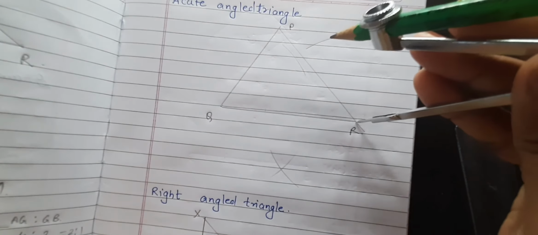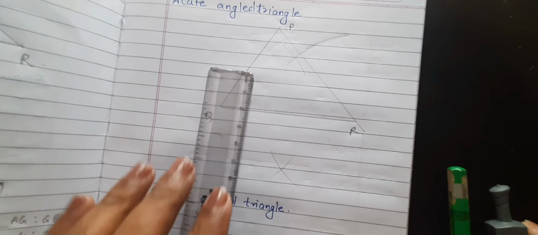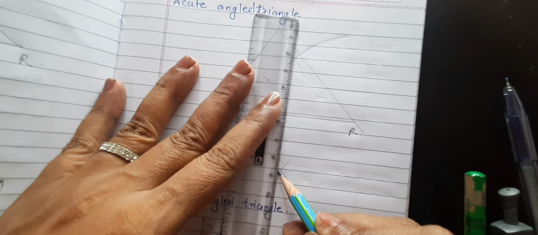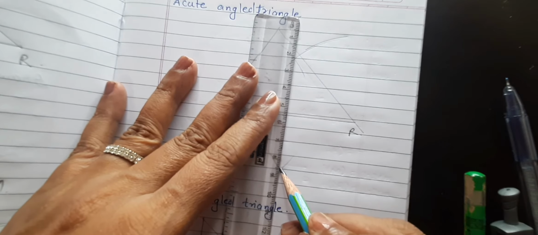Okay. Then from Q also what I'll be doing? I'll be drawing the arc. Now you'll see it's coming inside, no problem. I'll be increasing the length. Okay, this way. So I'll be drawing a line now. To draw the line, I'll be using a pencil.